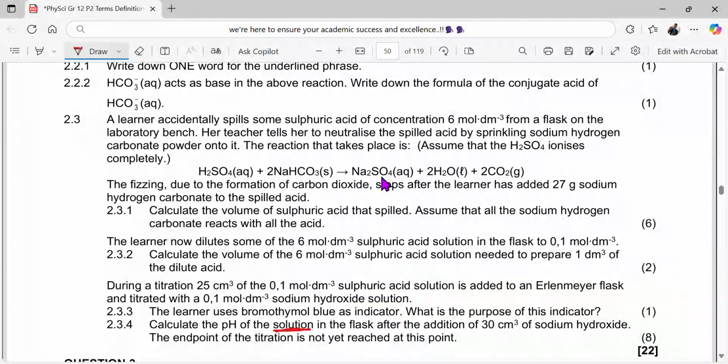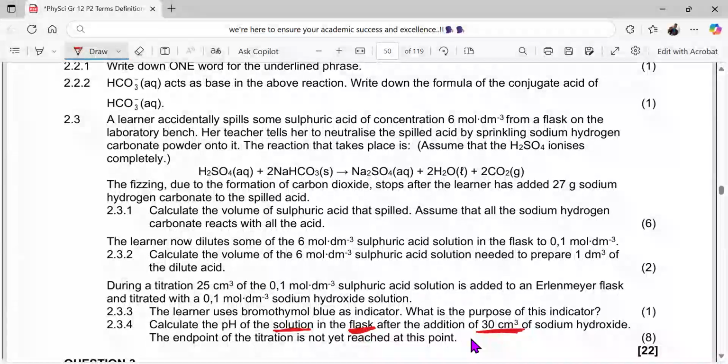Calculate the pH of the solution in the Erlenmeyer flask, because we know that in the Erlenmeyer flask, we have two reactants, sulfuric acid and sodium hydroxide, after the addition of 30 cubic centimeters of sodium hydroxide, and here they say the end point of the titration is not yet reached at this point.